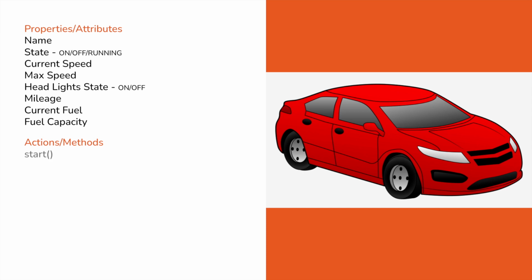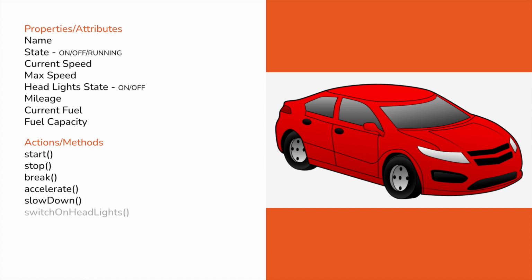So once we have identified the properties or attributes, let's move to the methods. Now, start is one method, isn't it? Like, you can start the car. These are all the actions that can be performed by that particular object. So you can stop a car, then you can also apply a brake, you can accelerate the car, you can of course slow down.